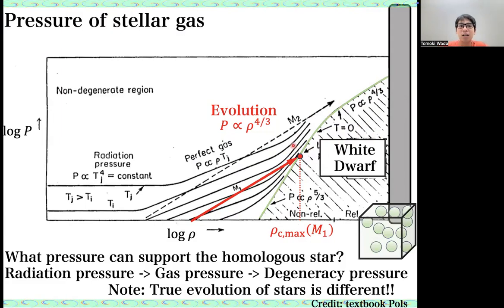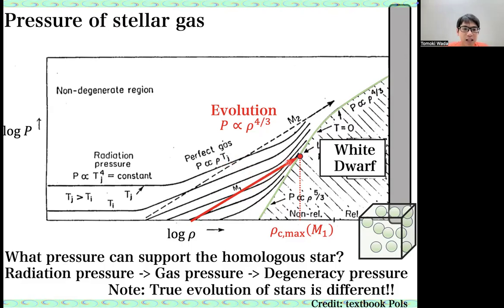Okay, let's consider contraction of a gas sphere with fixed mass. As it contracts, the required pressure increases. And in this parameter space, gas pressure supports this gas sphere, but the required pressure increases, so both pressure and temperature increase along these lines.